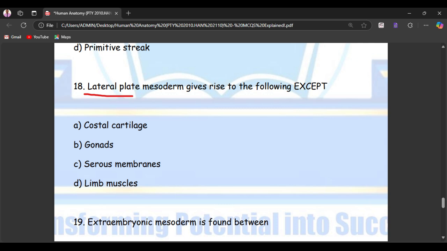So in line with question number 18, our answer is going to be costal cartilage. Costal cartilage is derived from the sclerotome, which we've already said comes from the paraxial mesoderm, not the lateral plate mesoderm.